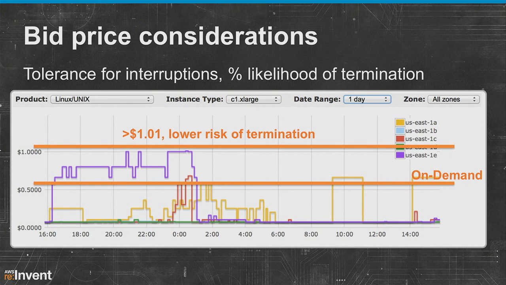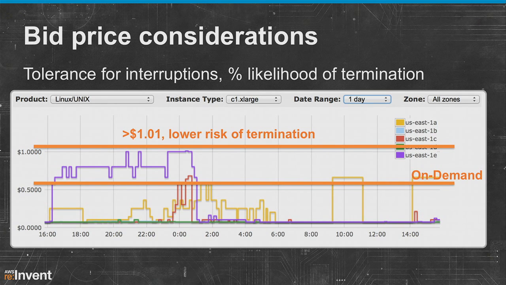So if you decide that you want to run your spots in multiple zones, which is the best practice, you definitely want to be doing that for multiple reasons. One reason is if you have multiple servers in one zone, and the spot price goes above your bid price, literally all of your servers will disappear at one time.